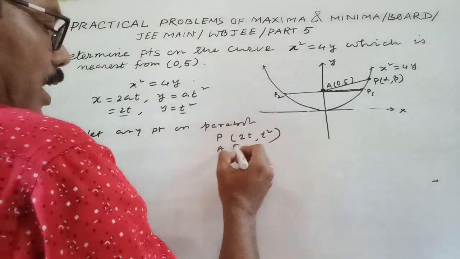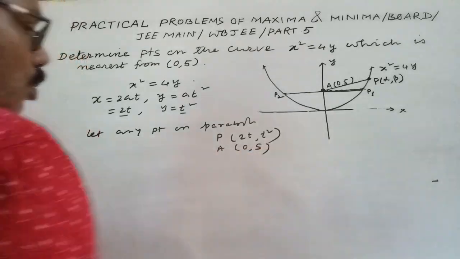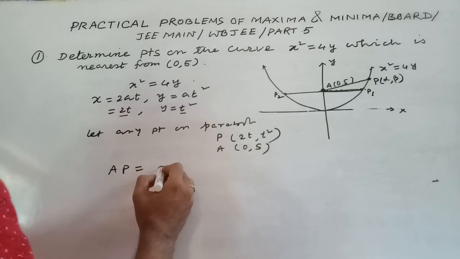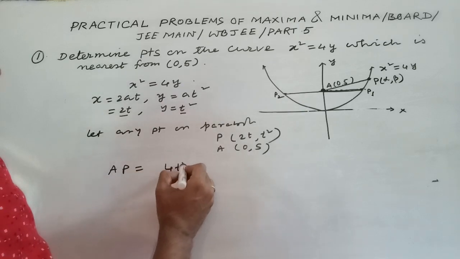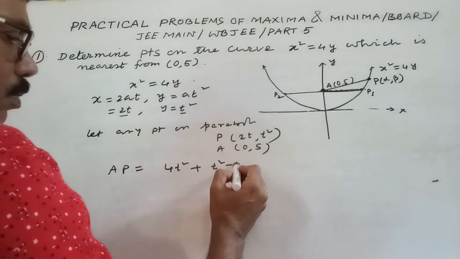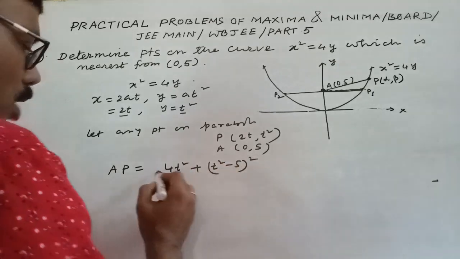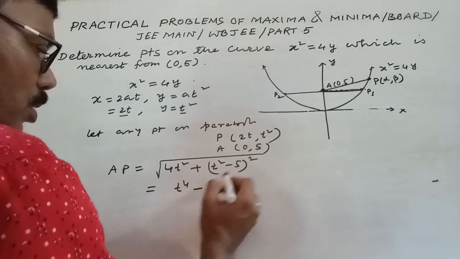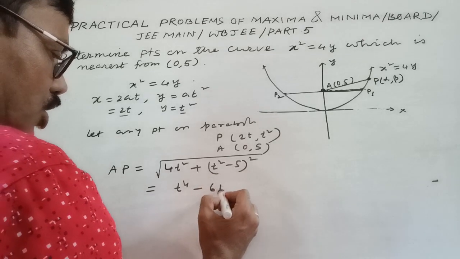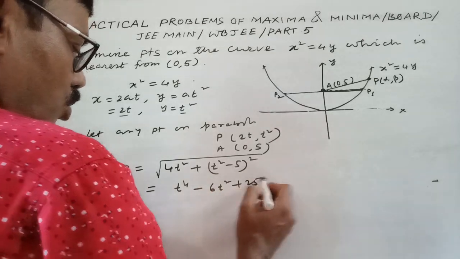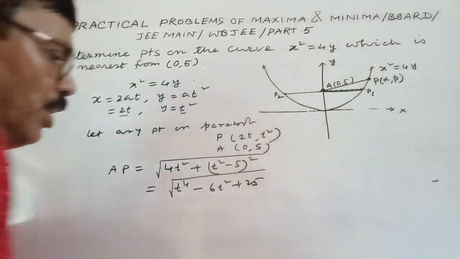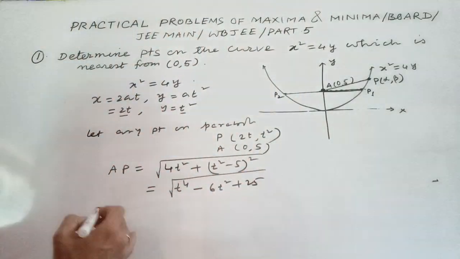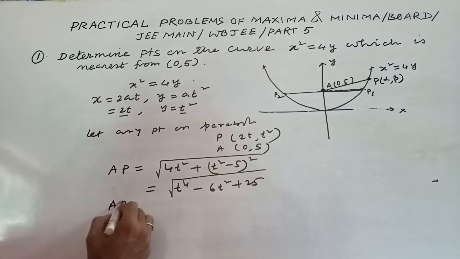Now what is A? A is (0, 5). Now what is AP? AP equals root of 4t square plus (t square minus 5) whole square. So t to the power 4 minus 6t square plus 25. Now this is within the root, so use the earlier method.